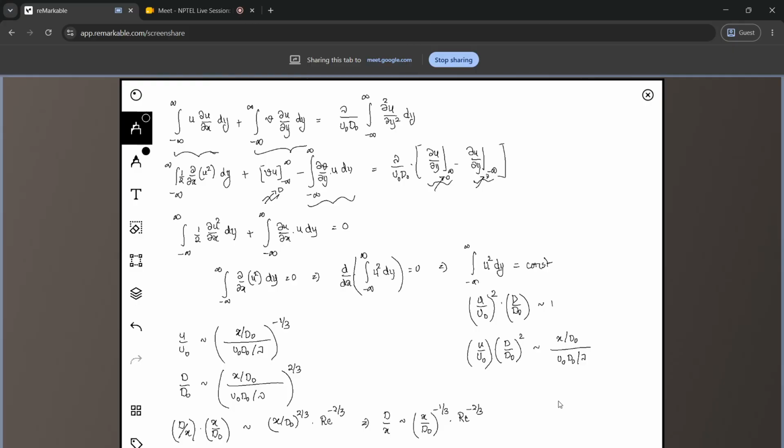This is an exercise problem taken from the textbook. Whoever is interested can look up the textbook for the detailed discussion of the problem. If you have any queries, we can discuss the problem. But are there any questions? Is this clear? This is another way where we can use the integral method to come up with conservation laws over the entire domain, from which we can do our scaling analysis.